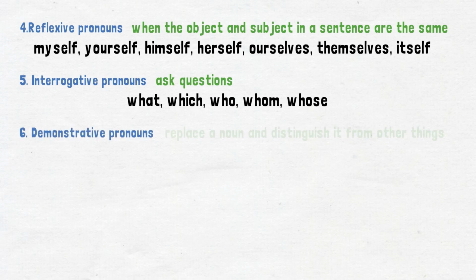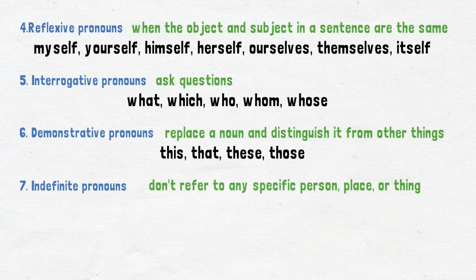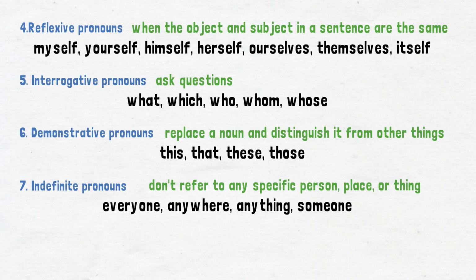Demonstrative pronouns are used to replace a noun and distinguish it from other things. They are this, that, these, and those. Indefinite pronouns don't refer to any specific person, place, or thing. They include pronouns such as everyone, anywhere, anything, and someone.